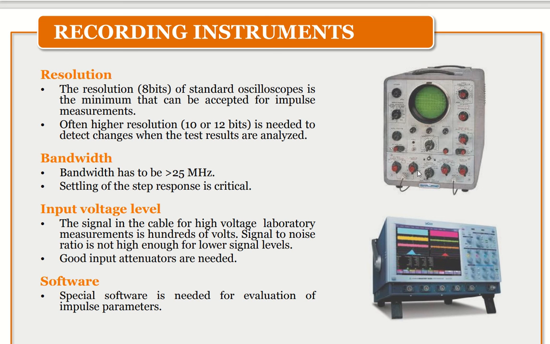For example, if the actual signal is 1 kV, maybe you cannot capture the peak with the recorder or oscilloscope. Maybe you get a peak of only 0.7 kV. So it is not accurate if you use a low resolution.